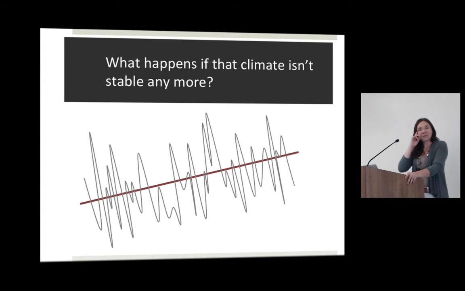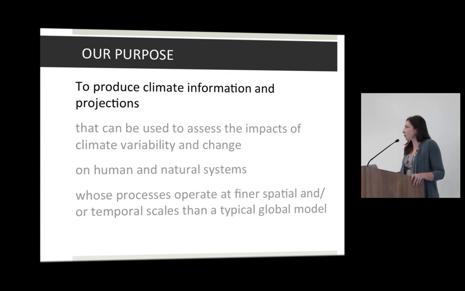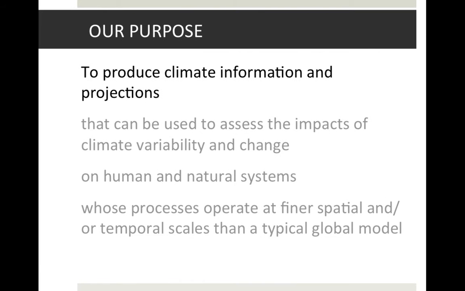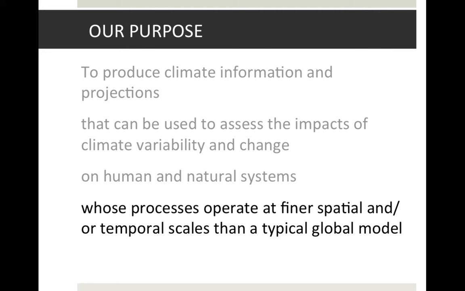So what is our goal? Our goal, when we're looking at producing high-resolution climate projections, is to give people information. We want this to be useful information that we can use to assess the impacts of climate variability and change. We want to look at human and natural systems both, especially those whose processes operate at a finer spatial and sometimes temporal scale than the global climate models.